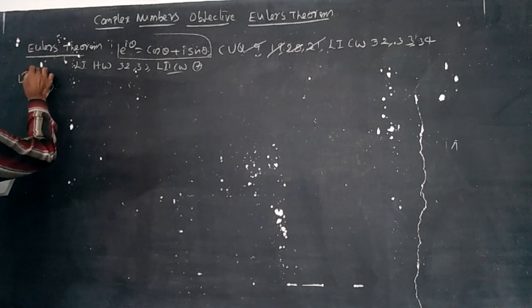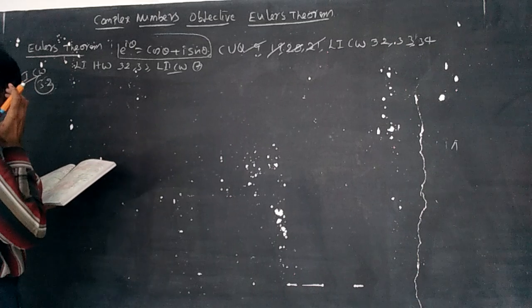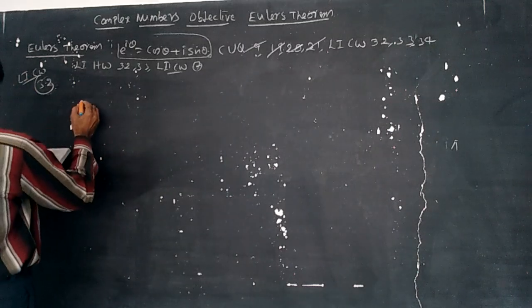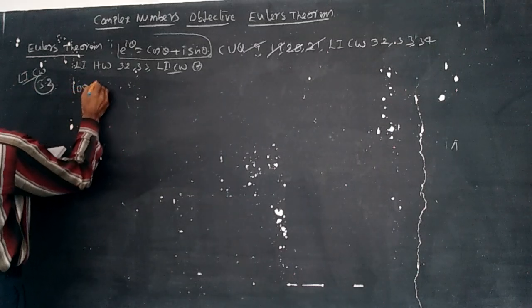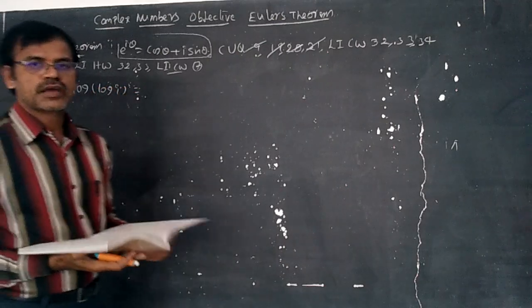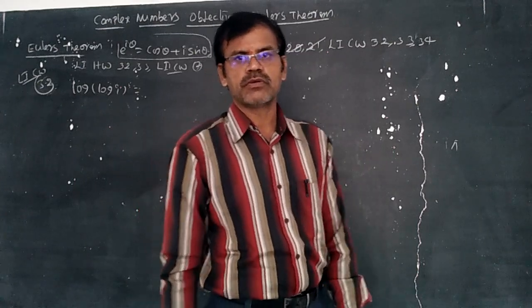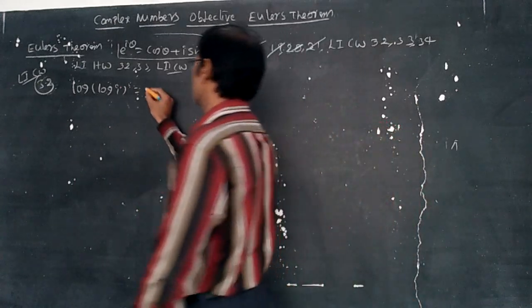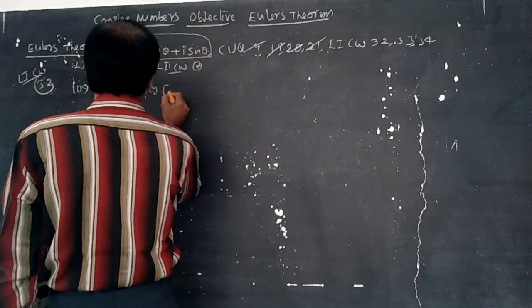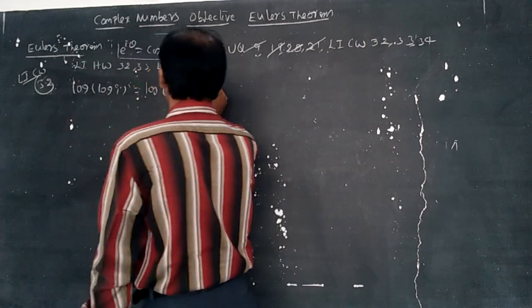Level 1 classwork 32 question: log of log i. Log i value is i pi by 2. You should not forget; remember log i value i pi by 2 as a formula. So log of log i, try to understand as log of i pi by 2.